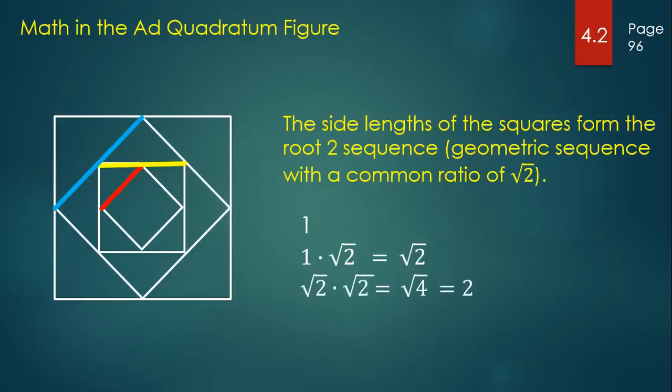So the square root of 2 times the square root of 2 is 2. And the side length of the next square is the square root of 2 times the previous side length, which is 2 times the square root of 2. So we've got another geometric sequence here, but in this case the common ratio, that multiplier to get from one term to the next, is the square root of 2, which is what makes it a root 2 sequence.